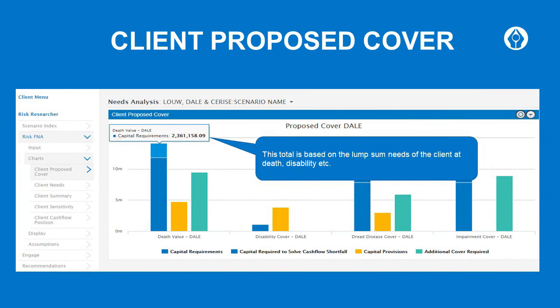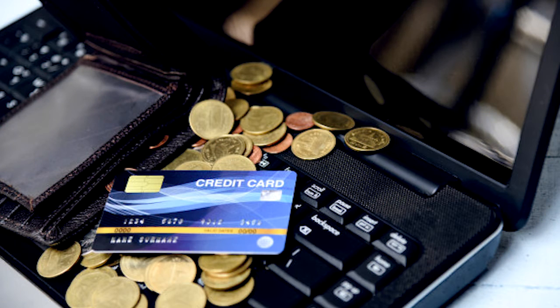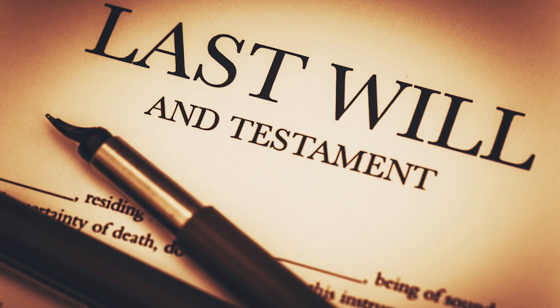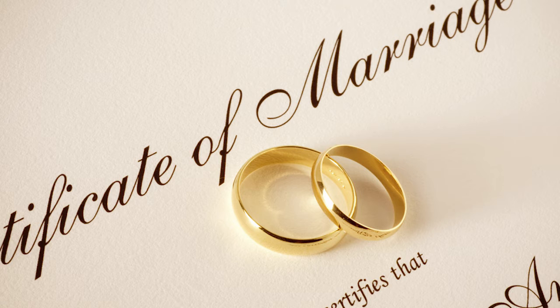Capital requirements represents the lump sum needs of the client and relates to capital amounts required at the chosen planning events. These amounts must be provided for as part of the risk plan. Examples of the capital requirements are liabilities to clear, upfront capital expenditure, total estate expenses, accrual payable, and other needs.